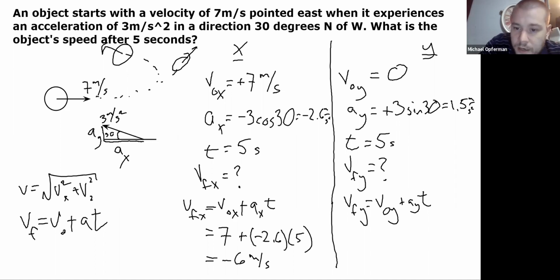Okay, and then in the y direction, I'm going to have VOY is 0, AY is 1.5, and T is 5. So VFY is just going to be 1.5 times 5, which is 7.5. So positive 7.5.